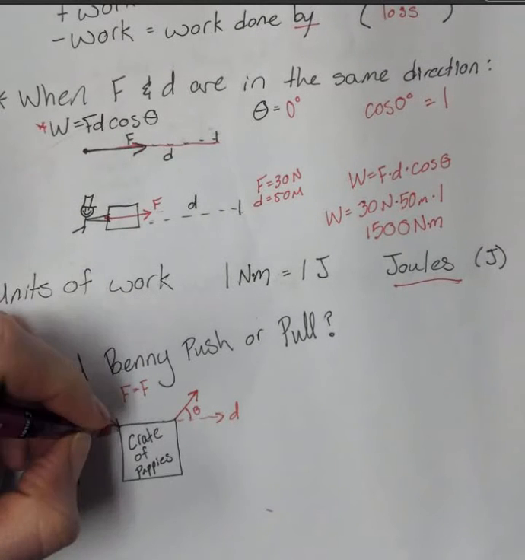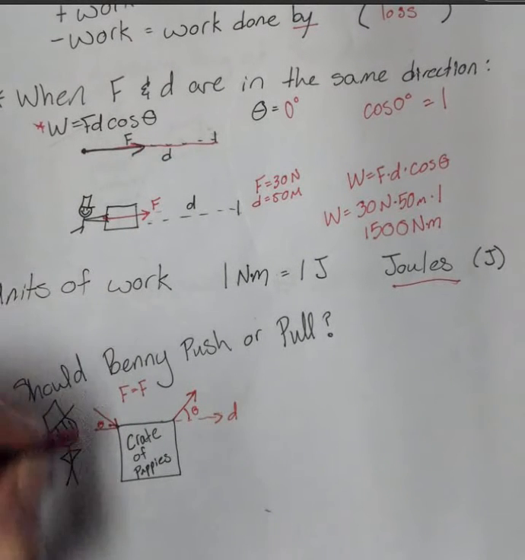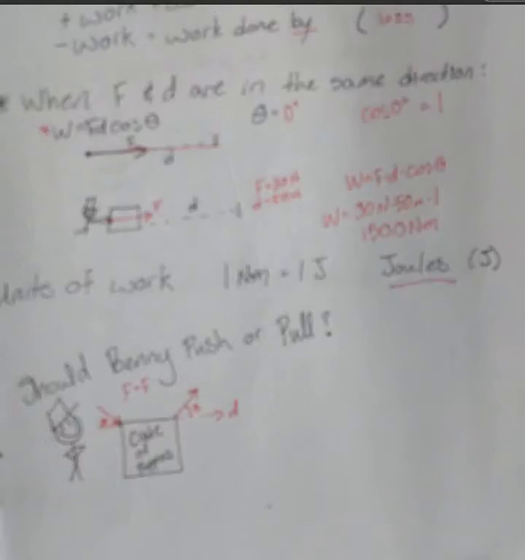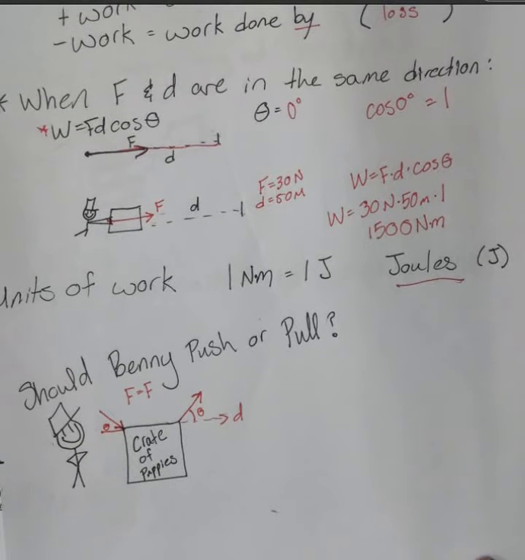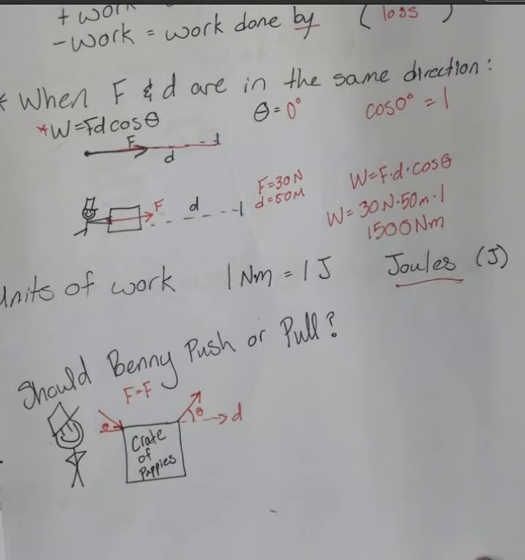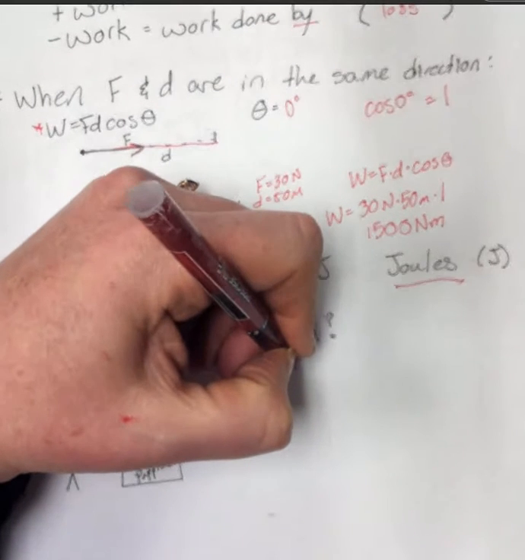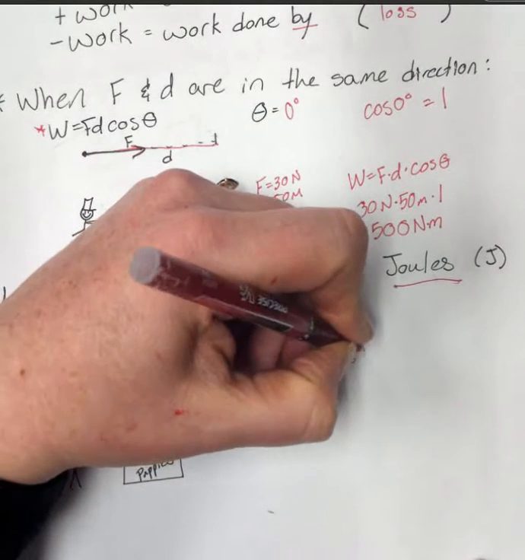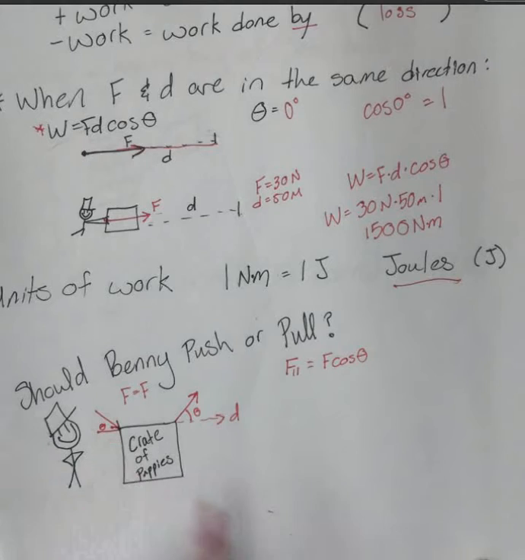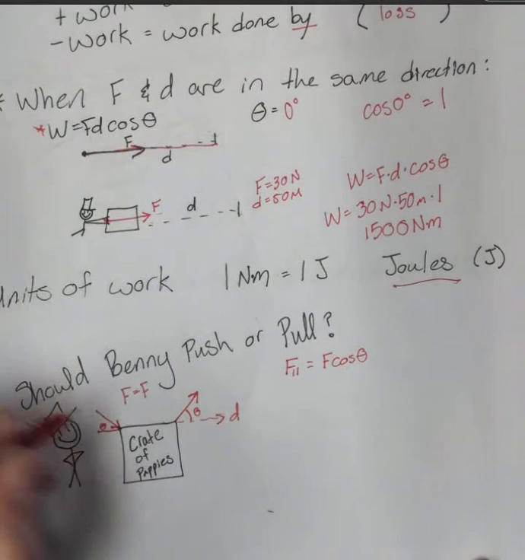So the angle that separates the displacement and the force are equal in both situations. So if we consider this, even though one force is up and one force is down, the parallel force is still going to be F cosine theta. And if the angle of separation is the same for both of these, then F cosine theta will be the same for both of them.